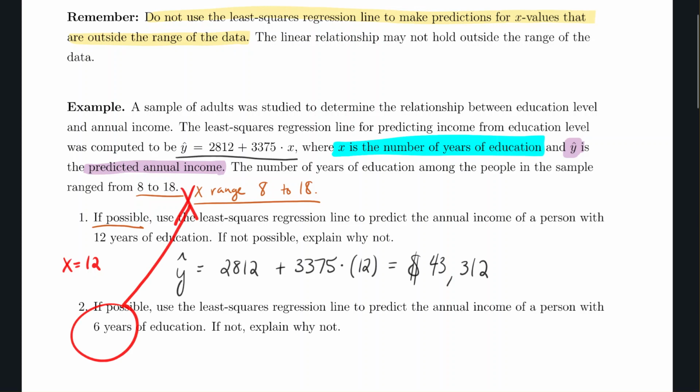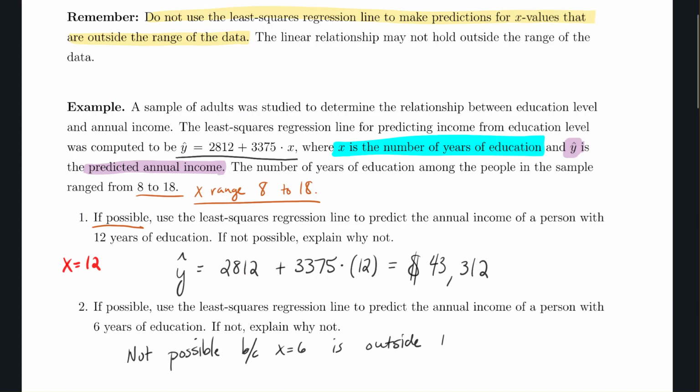So it lies outside the range, so the least squares regression line does not make predictions for values outside of the range. So we'll mention that there. Not possible because the x value of 6 is outside the data range of 8 to 18.